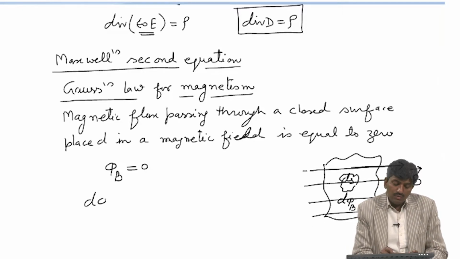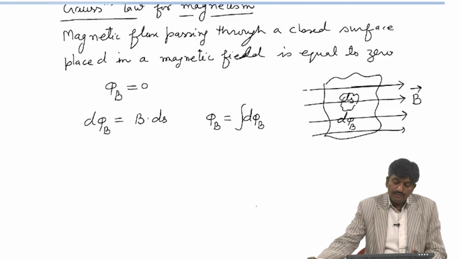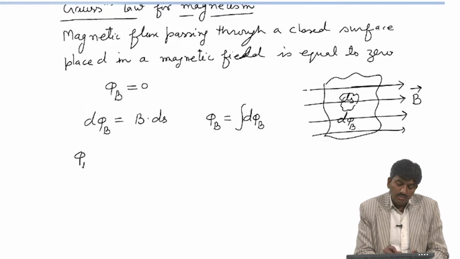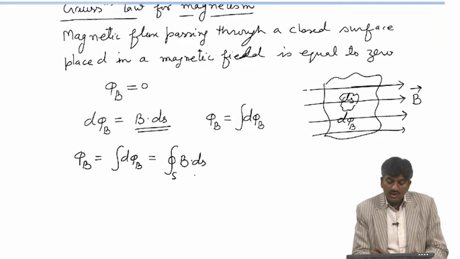So d phi B should be equal to B dot dS. If we want to determine phi B, it should be the integration of d phi B, so phi B equal to integration of B dot dS, the surface integration of magnetic field.